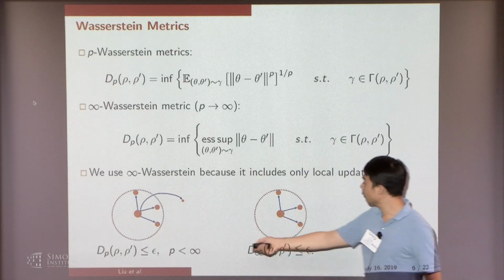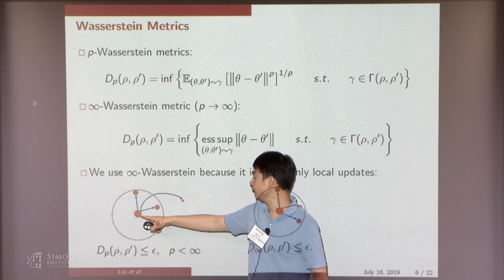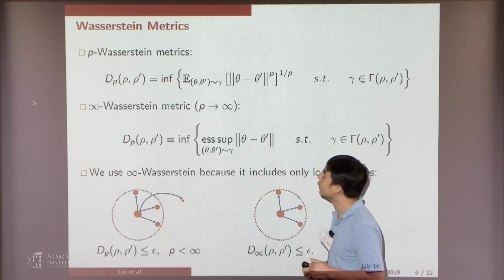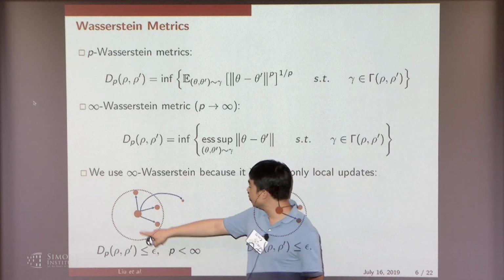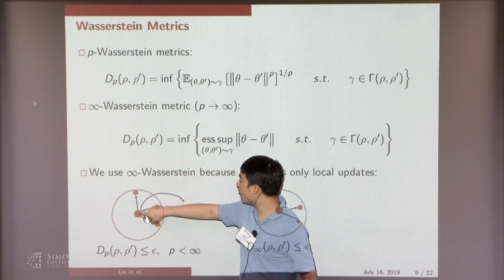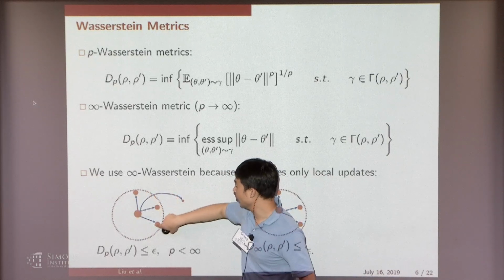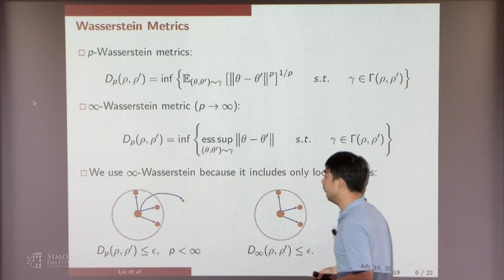For finite p, for any given probability mass, let's say this dot represents a neuron, the epsilon neighborhood of p-Wasserstein would allow you to arbitrarily move the probability mass within this epsilon neighborhood.